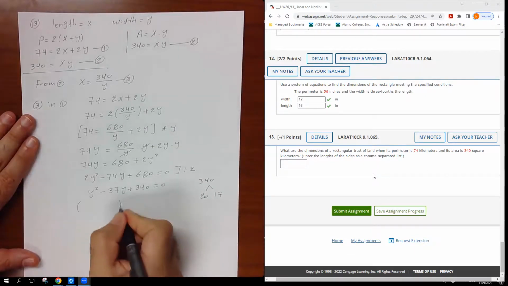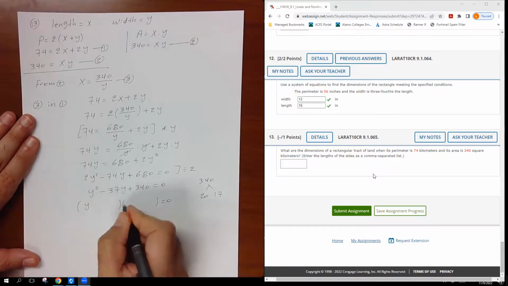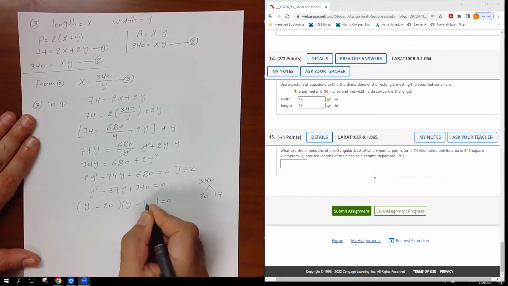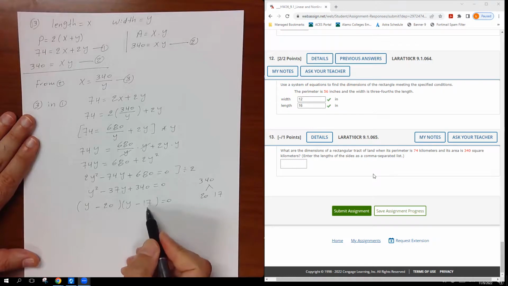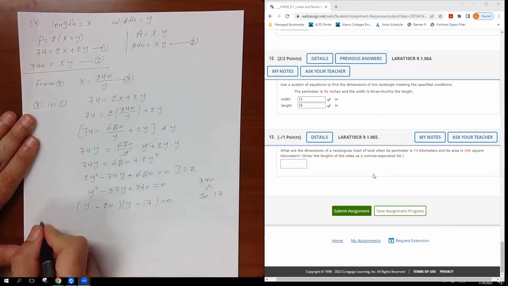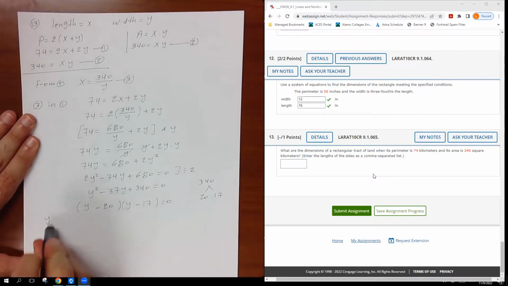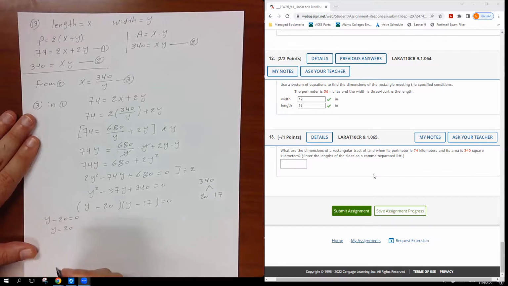So I'm going to open 2 parentheses, equal to 0, y minus 20 and y minus 17. So negative 20y, negative 17y, and adding these together gives negative 37y. That means y minus 20 equals 0, so y equals 20.